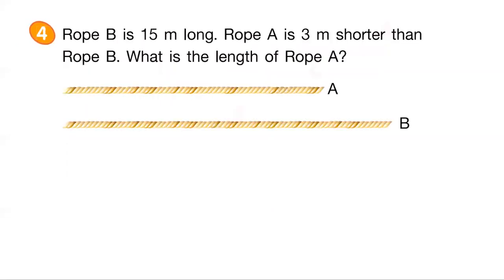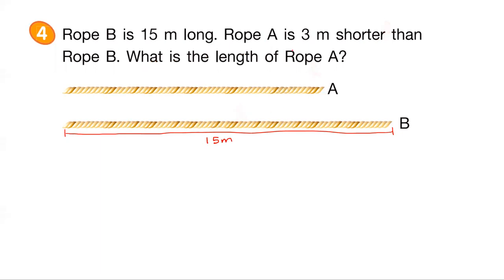Okay, and now we look at example number 4. Rope B is 15 meters long. Rope A is 3 meters shorter than rope B. What is the length of rope A? Now, rope B is like from here up to here, we have 15 meters.